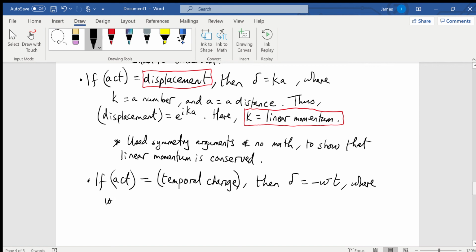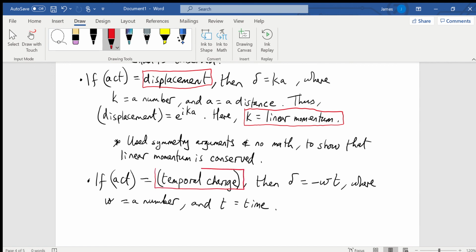where omega is a number, and t is time. Okay, so we've got temporal change, essentially a change in time. This is the Greek letter omega. It's like a w with a curly bit at the end, omega.